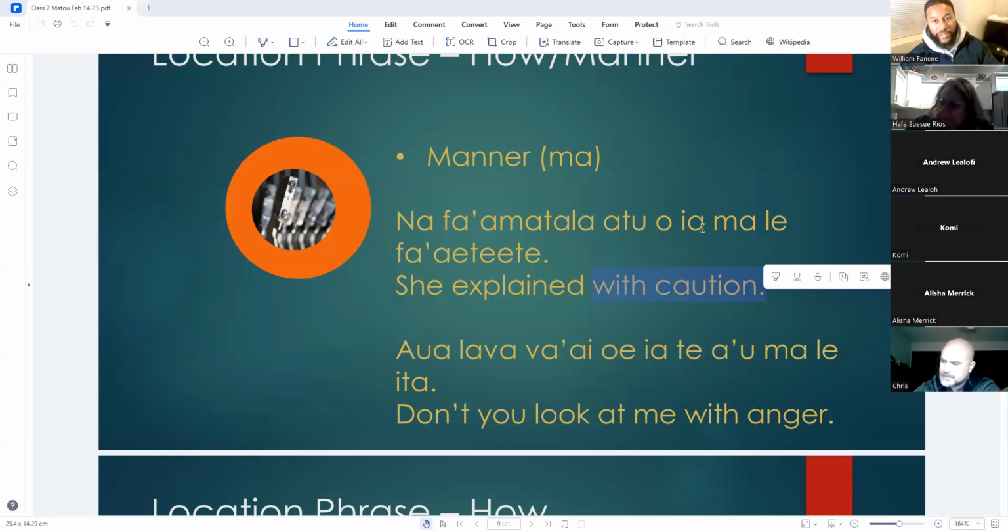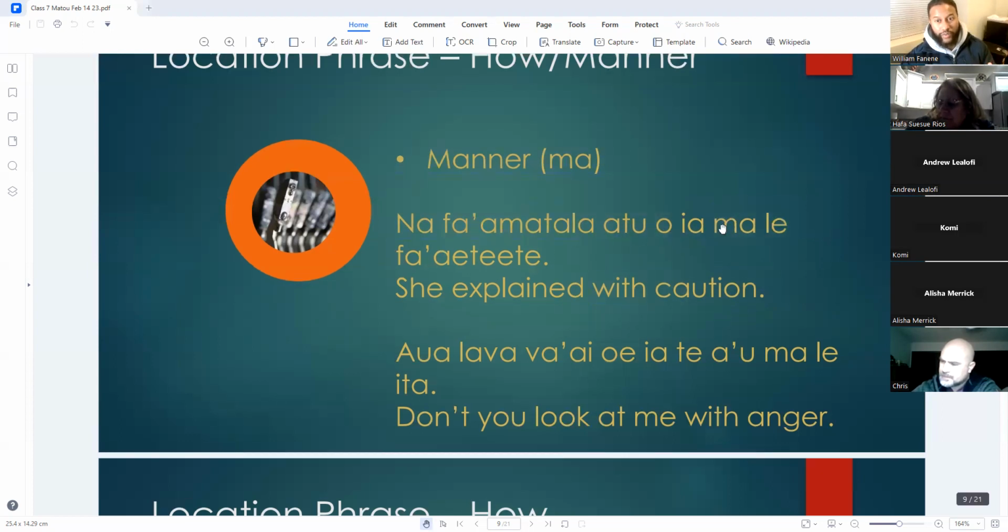She explained, Oia. So na fatmatalatu Oia. And then here's the way they did it. So our location is Male Fa'a Ete Ete. Okay, so with the caution. So she explained with Male Fa'a Ete Ete. Na fatmatalatu Oia Male Fa'a Ete Ete. So she explained with the caution. So that's just a manner in which you did something. So that's another way that you can make your location phrase.